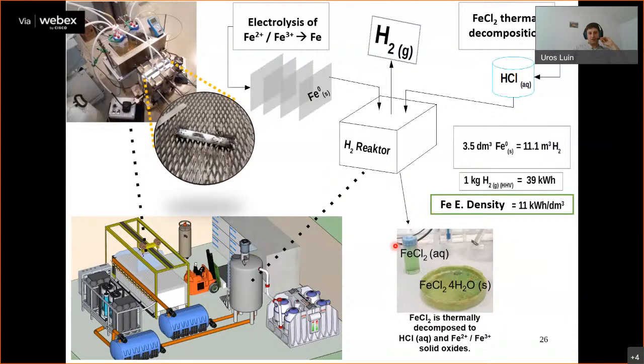Here, this green, this is iron chloride. So if you think about sodium chloride, the salt that you use in the kitchen, iron chloride is also a salt. When it's solid, it is a green solid material, and when you dissolve it in water, it makes such a nice green solution.